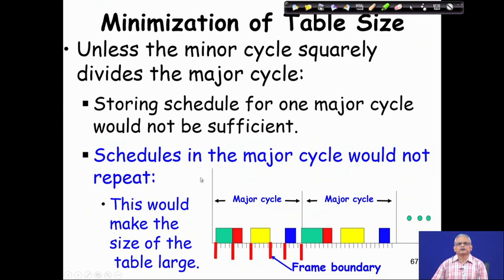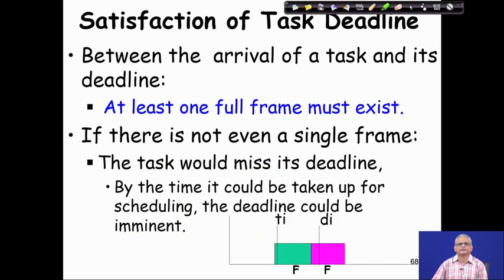So, at this point we had already said that unless the major cycle is squarely divided by the minor cycle or the frame, then the schedule table length would become unnecessarily large. So, in every design that we undertake, we ensure that the frame size squarely divides the major cycle, or the major cycle is an integral multiple of the frame size.